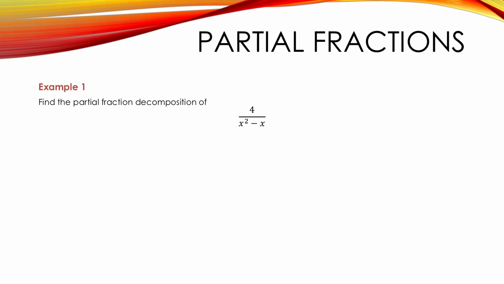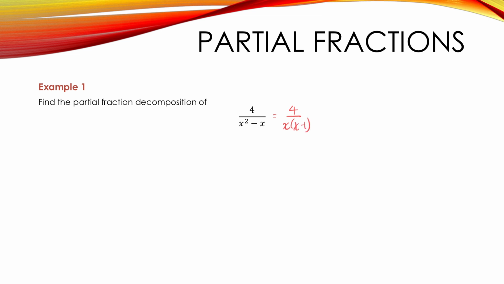So let's talk about the partial fraction decomposition of 4 over x squared minus x. First things first, we want to rewrite this in factored form. So this would be 4 over x times x minus 1.